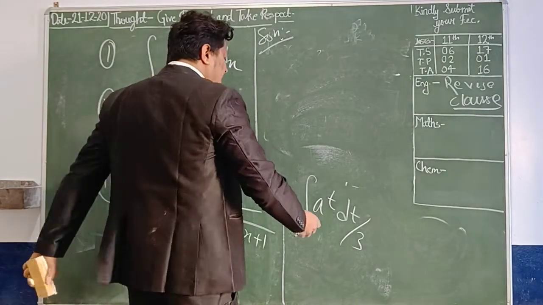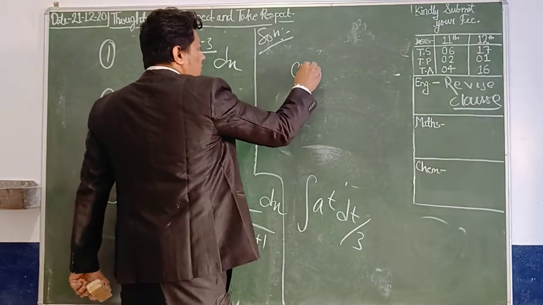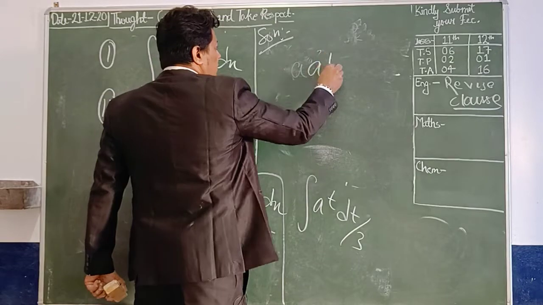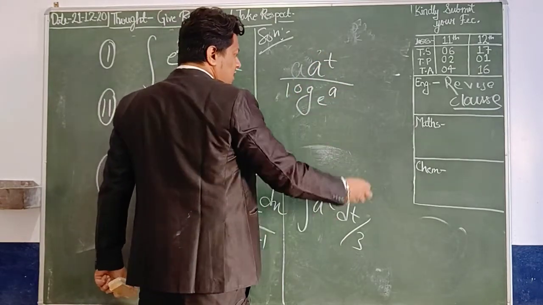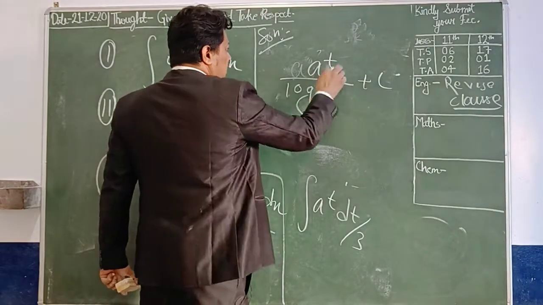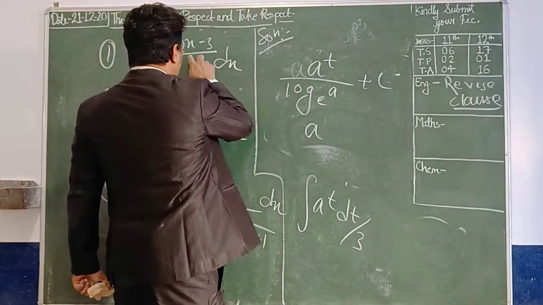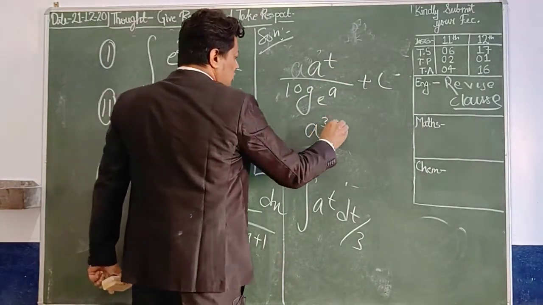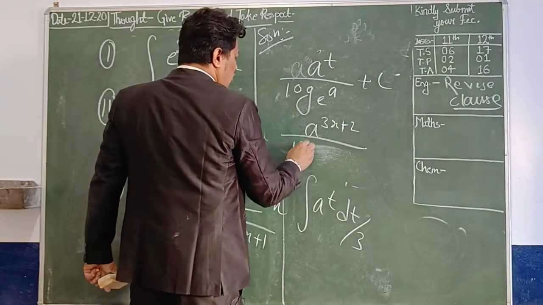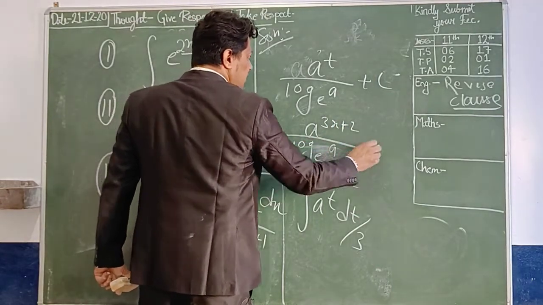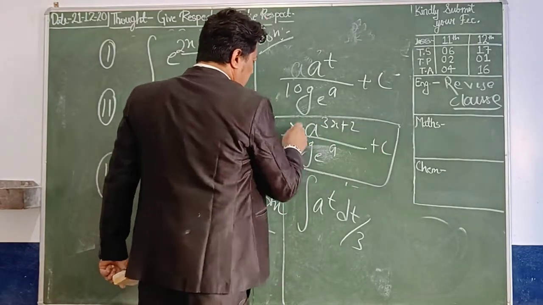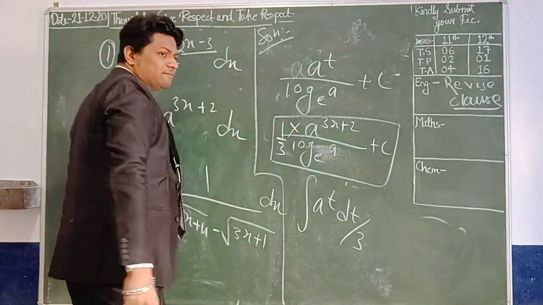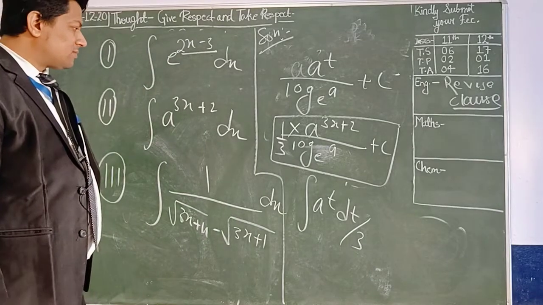So you are getting a power t upon log a base e plus c. A to the power 3x plus 2 upon log a base e plus c, multiplied with 1 by 3. What?